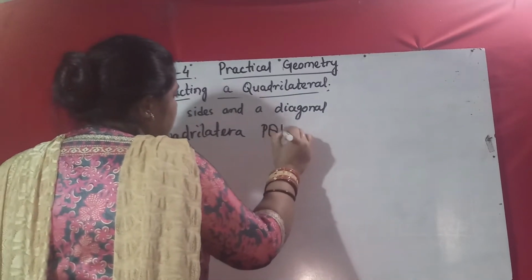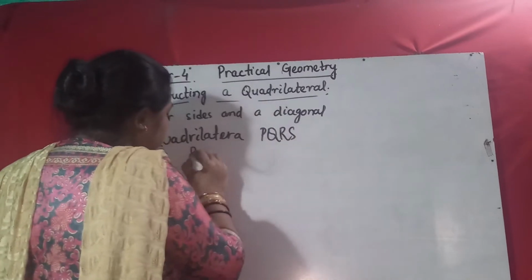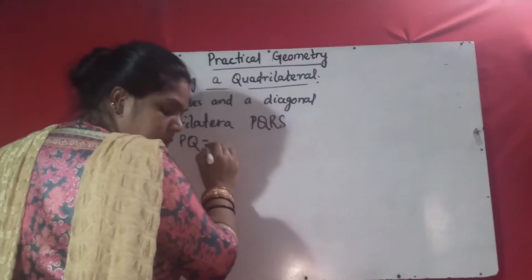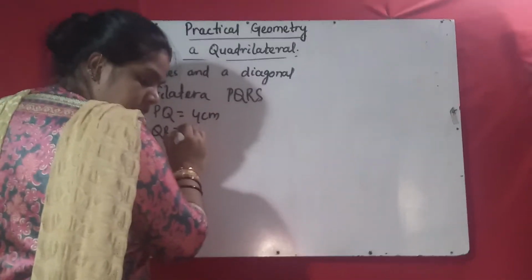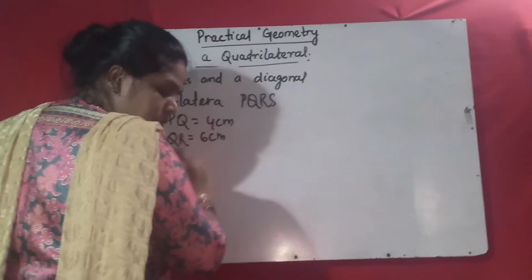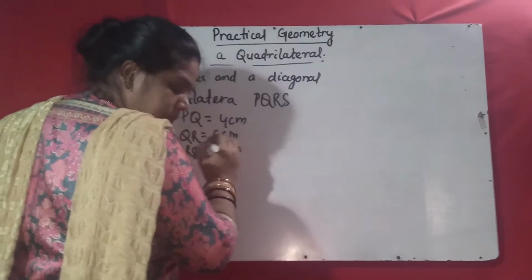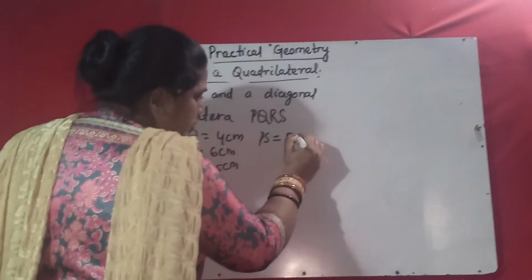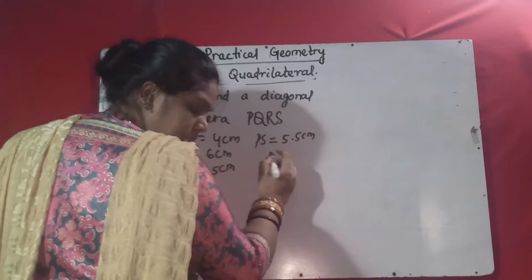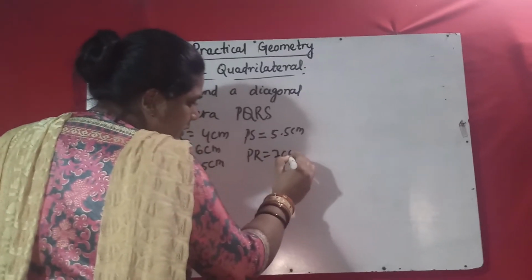PQRS, given PQ equal to 4 cm, QR equal to 6 cm, RS equal to 5 cm, PS equal to 5.5 cm, and PR equal to 7 cm.